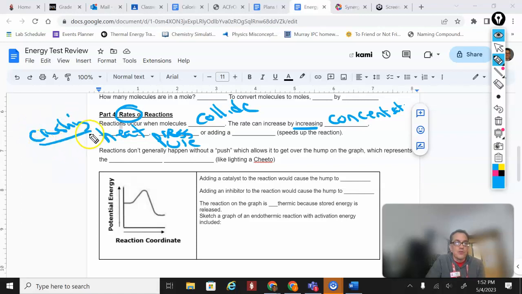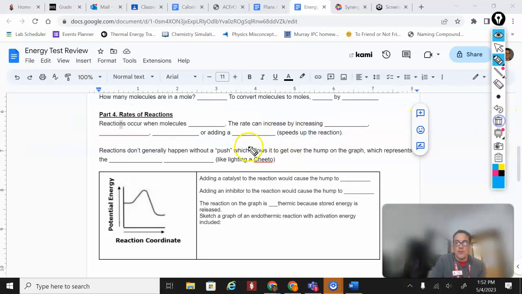That typically is going to make it react a little bit faster because there's more surface area. And lastly, we could speed things up by adding a catalyst. So all of those are ways that we can generally speed up the reaction rate of something.